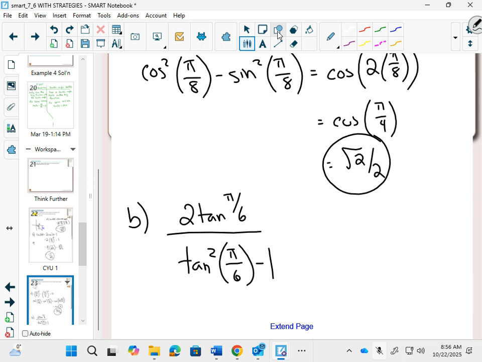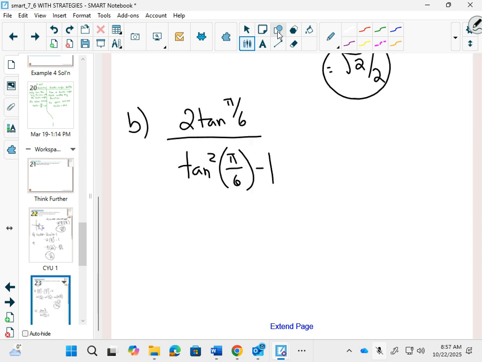Again, pi over 6 is on your pi plate. So you could just go directly and start simplifying this. Tan of pi over 6 is root 3 over 3. You could plug it all in and simplify.